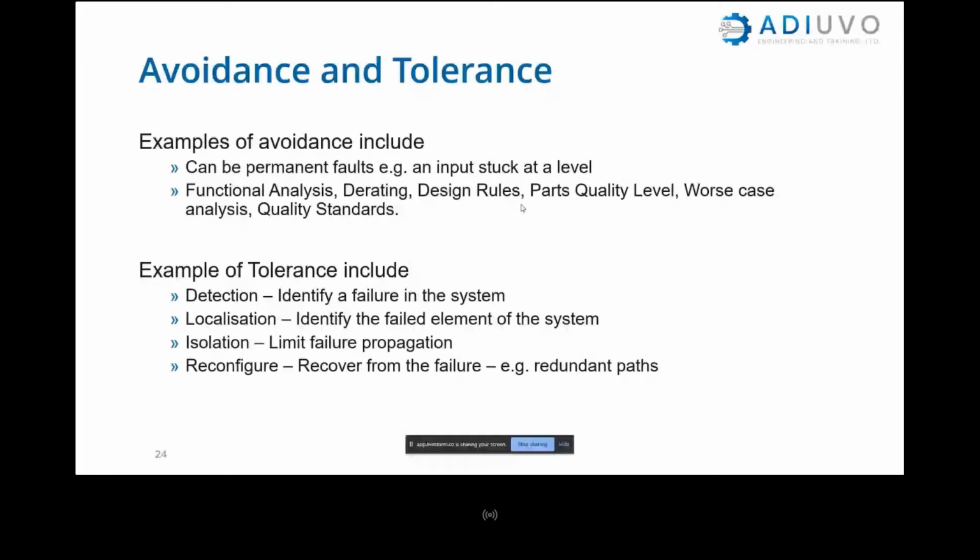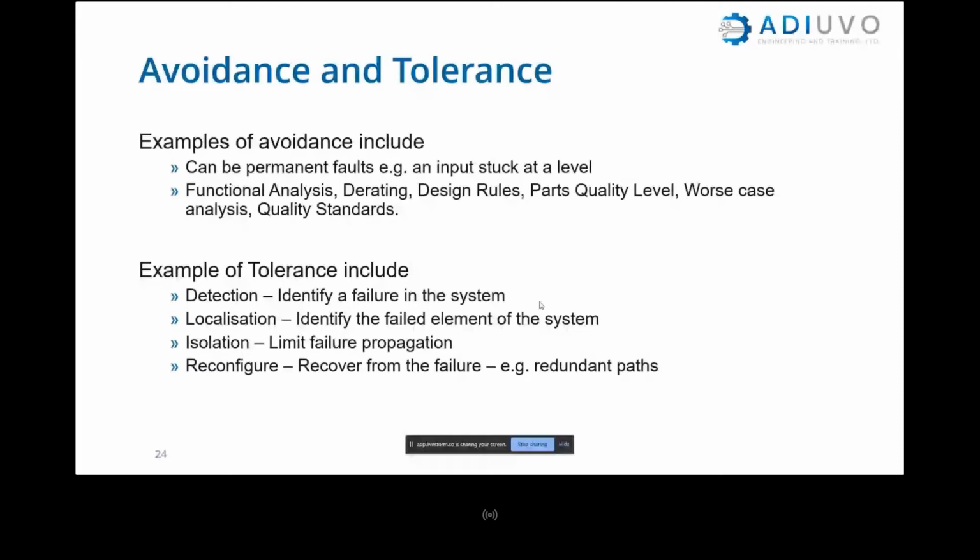What we can do for tolerance is we can take a look at the system and architect it to be able to detect where the failure is, to localize it, say this is in this element of the system, to limit the failure propagation, to stop that failure propagating outside of it, and then to recover by using redundant paths. So these are all really important methodologies and techniques that we want to be using in our systems if we go for the avoidance versus the tolerance solution.